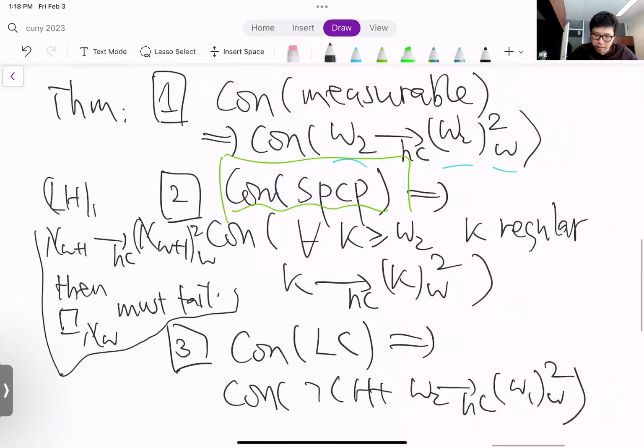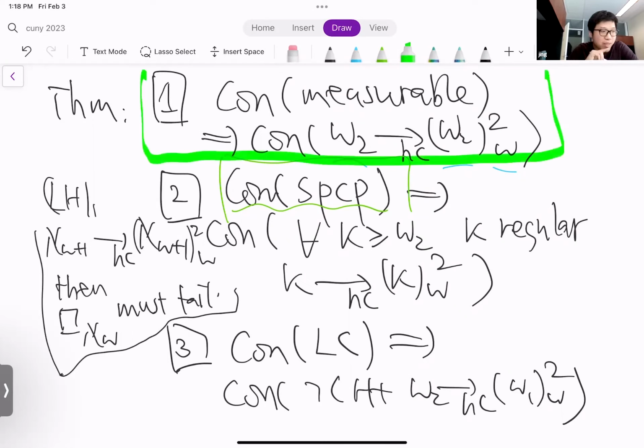Okay, so I'm just going to concentrate on the first theorem here. I'm trying to illustrate some idea of proving Ramsey theorems using ideal hypotheses.